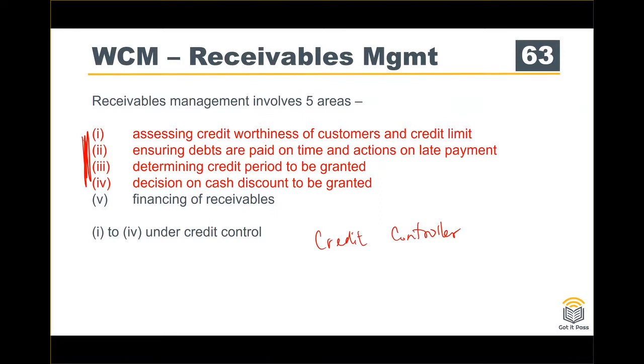The credit controller has to ensure that debts are paid on time and follow up any late payment. Also, the credit controller has to consider the policy or the steps to grant the credit period to different customers. Last but not least is the decision on cash discount.